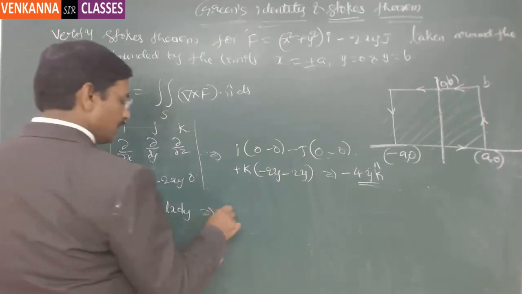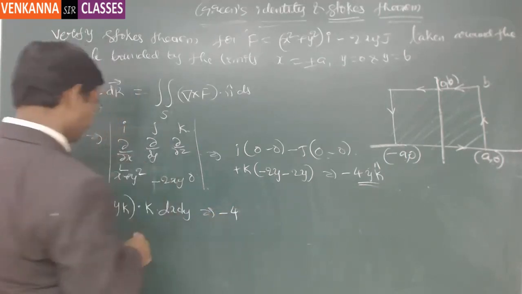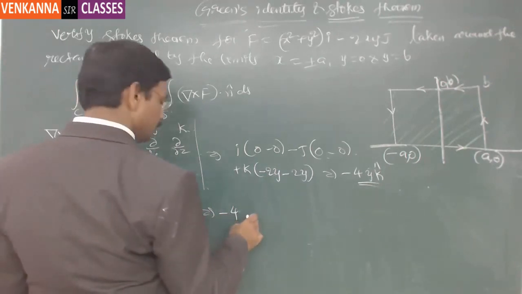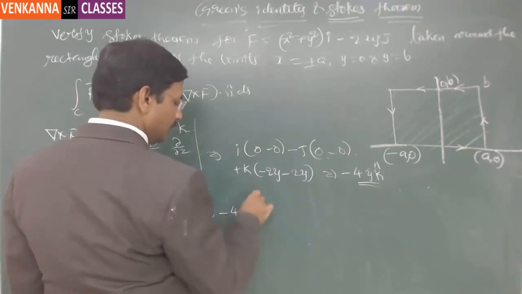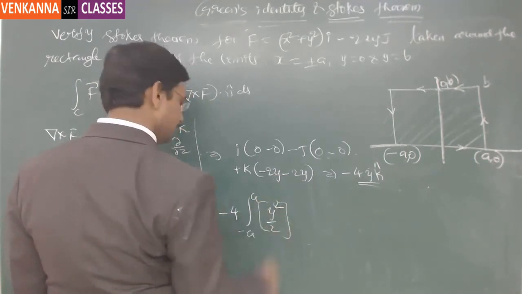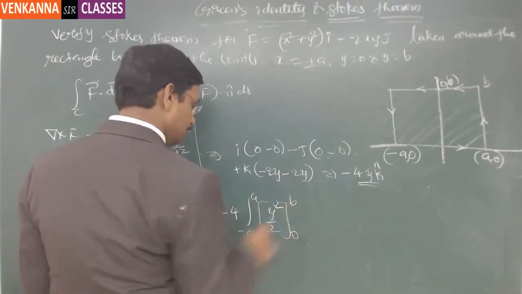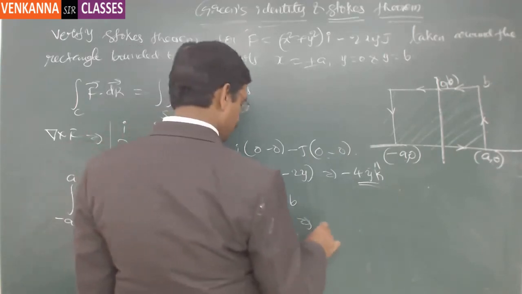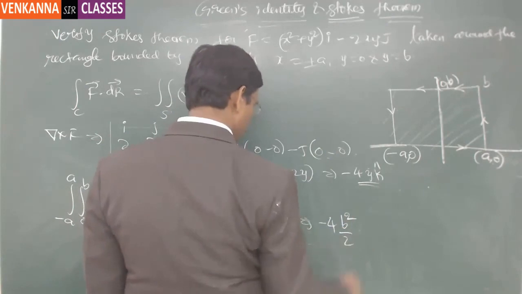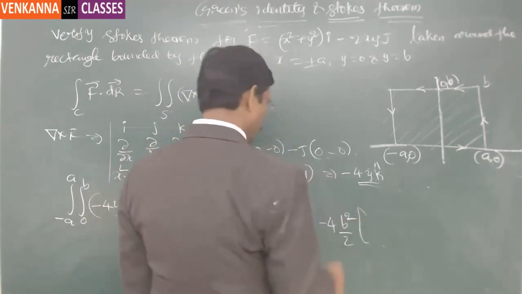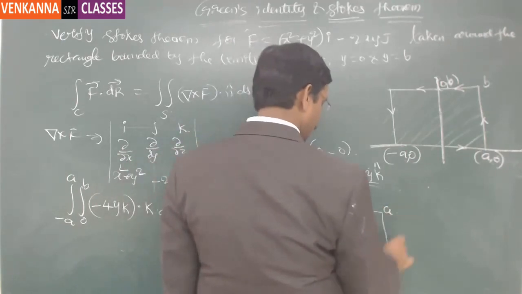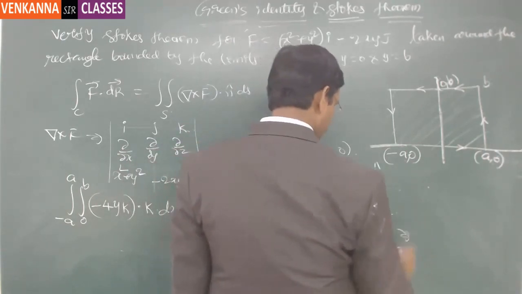So if you take minus 4 integral, the integral of y is y square by 2, so this is the integral from minus a to a of y square by 2 with upper limit b and lower limit 0. This gives minus 4 times b square by 2, and then the integral of dx is x, with upper limit a and lower limit minus a, which is 2a.